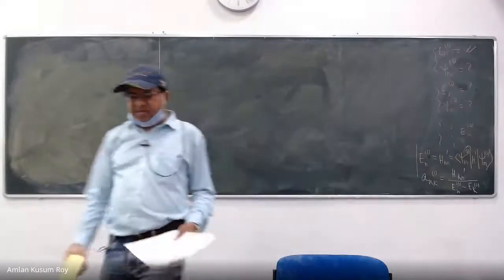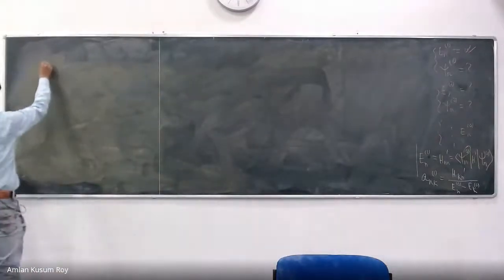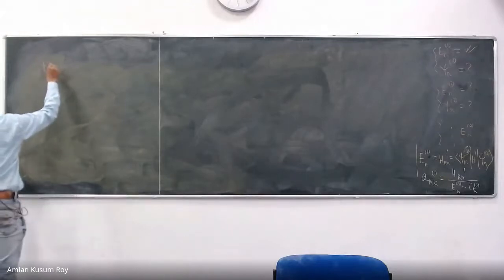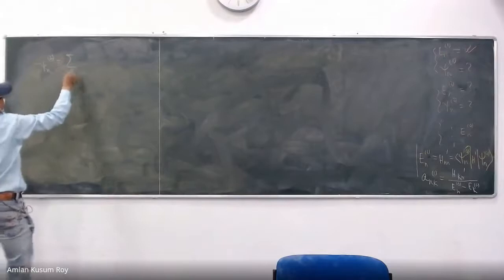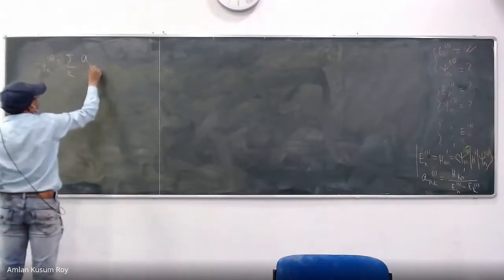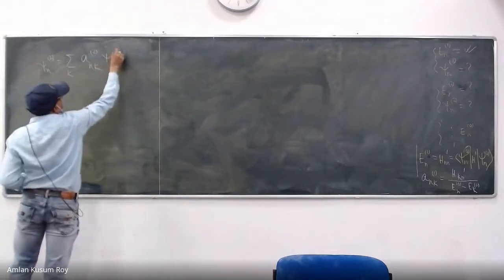Okay. So what we are going to do, just like the way I was telling, is write psi_n^(2) equal to the summation over k of A_nk^(2) psi_k^0.